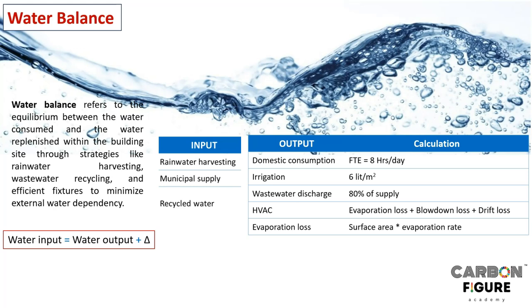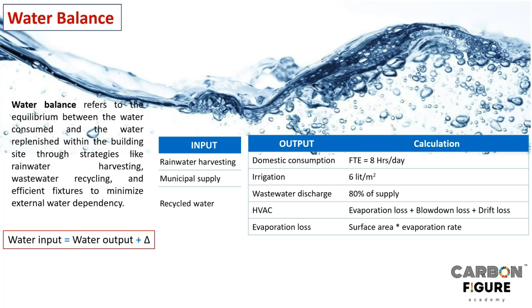In case of domestic consumption, we consider full-time equivalents, 8 hours per day. For irrigation, the typical thumb rule is 6 liters per square meter. For wastewater discharge, again we have a thumb rule: out of supplied water, 80% goes to wastewater.